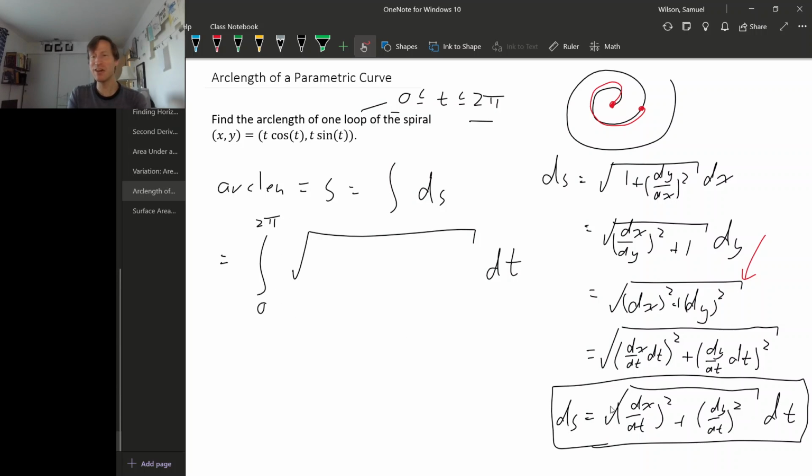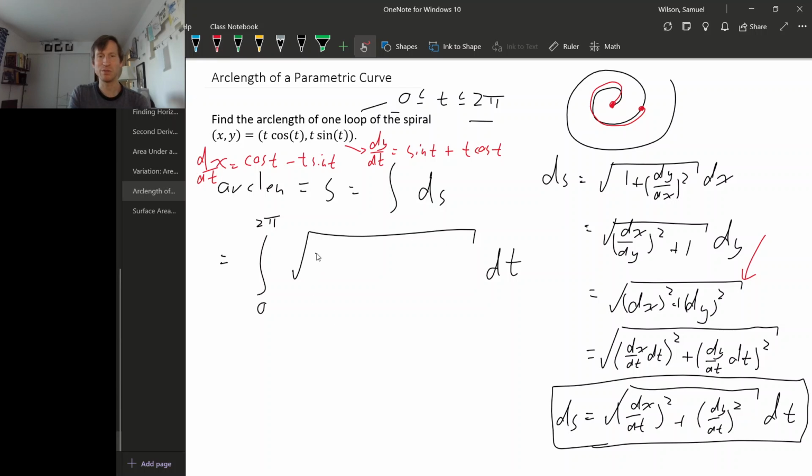Okay, now we need to calculate some derivatives. For the derivative of x with respect to t, we have to do the product rule, so we get cosine t minus t sine t. And for dy/dt, we do the product rule again and get sine t plus t cosine t.